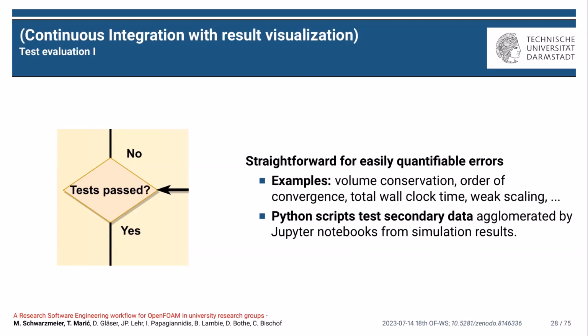Sometimes it's a bit harder, or we might even have to look into it, at least for new features. For example, it might be volume conservation, order of convergence, and the total wall clock time that you could have in your test.